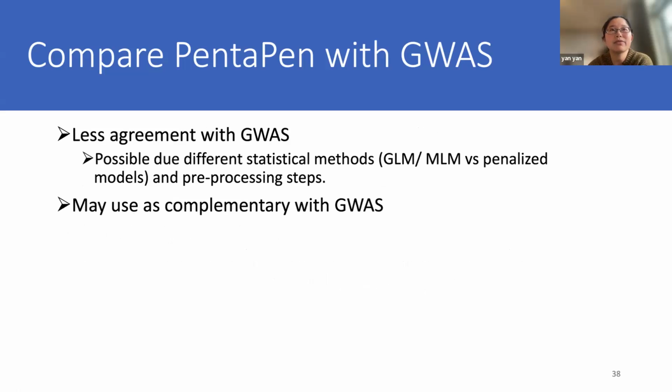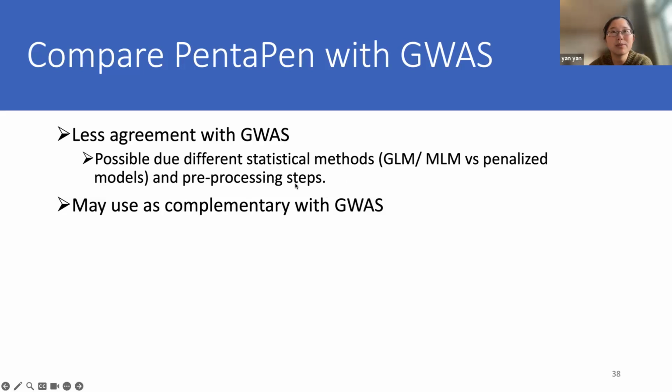When we think about the reasons why those two methods do not agree with each other much, a potential reason could be the differences in the models behind them. For genome-wide association study, they usually apply a linear mixed model, but in PandaPen, we utilize penalized regression.